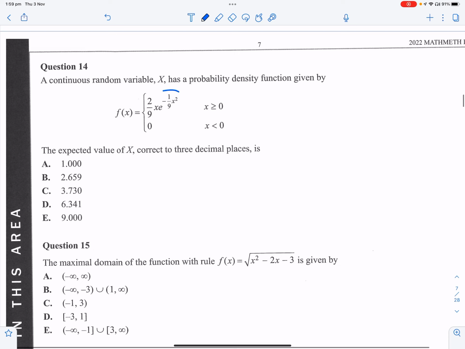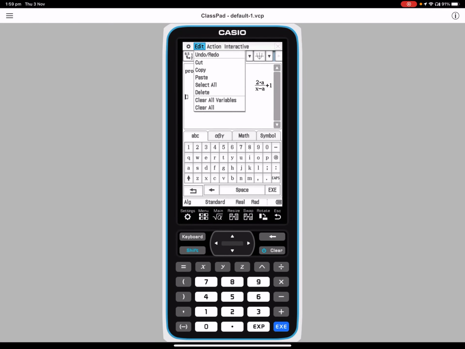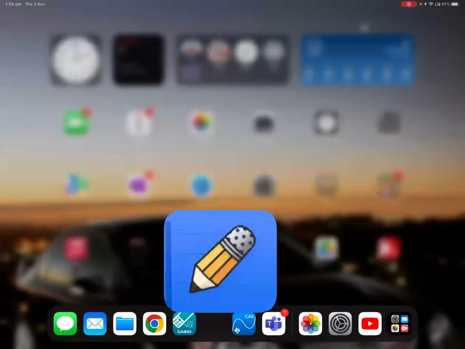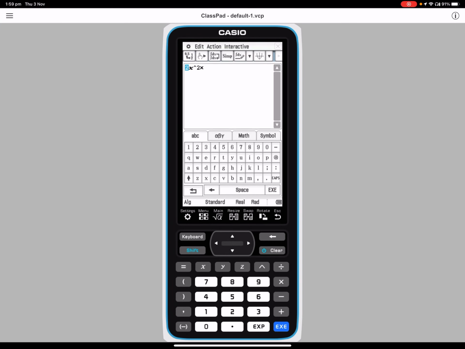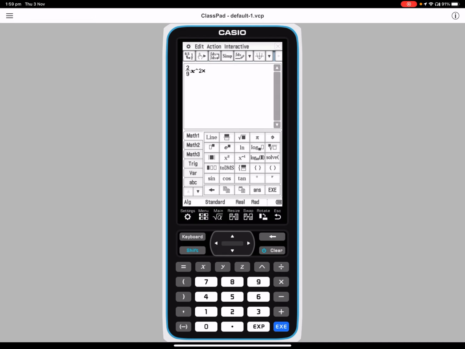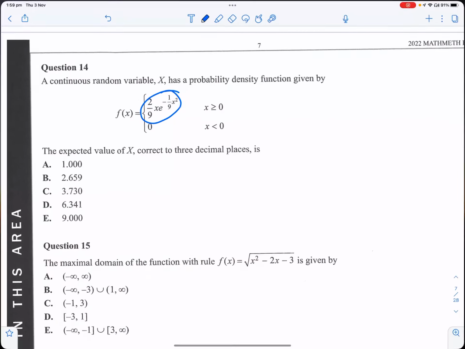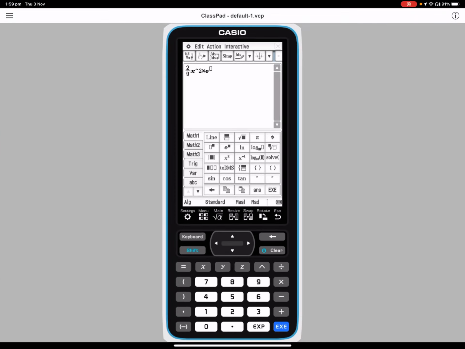The expected value, so we just multiply that by x and anti-diff it. So 2x squared times 2 on 9 times e to the negative x squared on 9, x times the function.